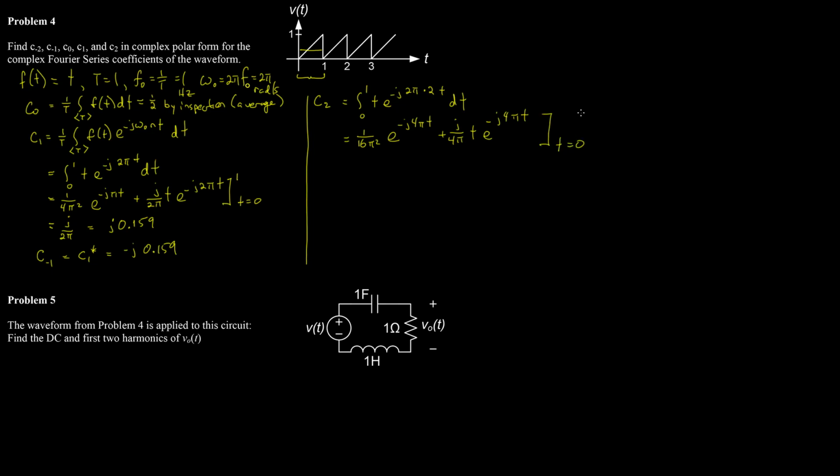We're evaluating it for t going from 0 to 1, and that whole thing collapses down to just j over 4 pi, which by our calculators is j times 0.0796. Therefore our C sub negative 2, which is the complex conjugate of C sub 2, has to be minus j 0.0796. And those are our answers.